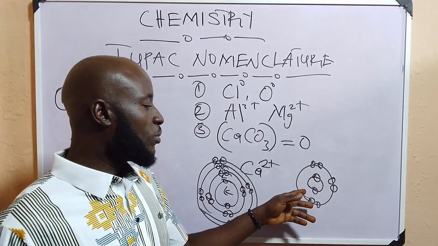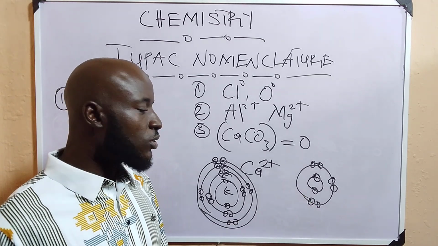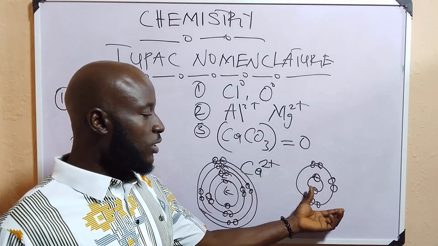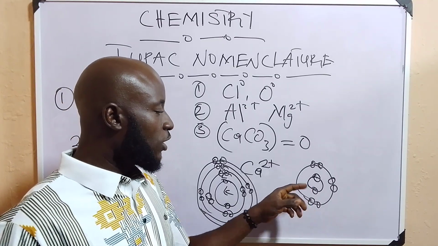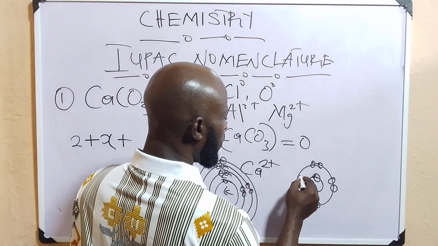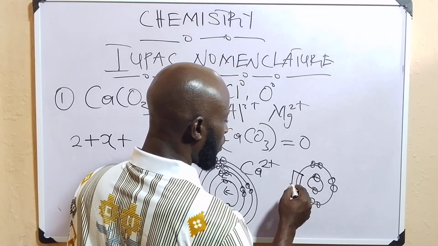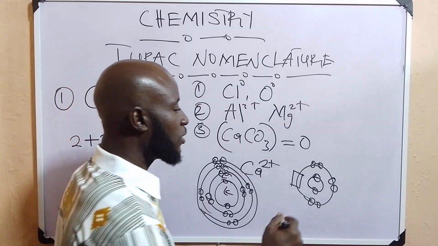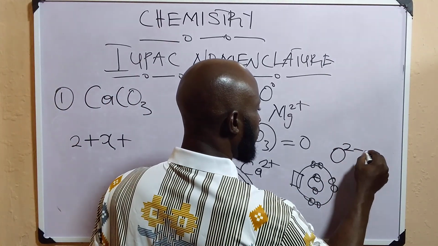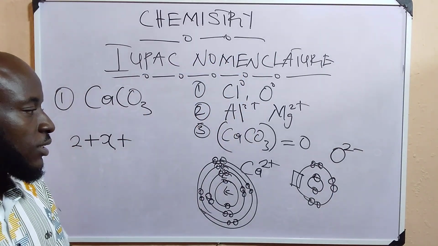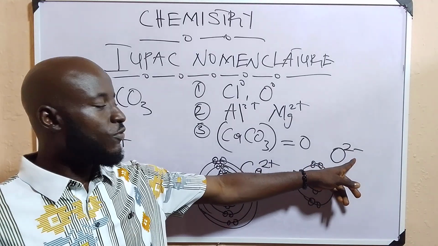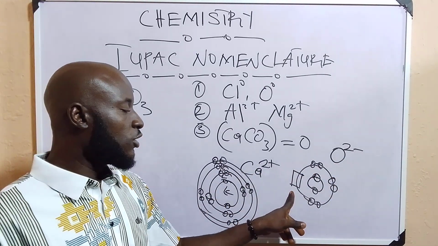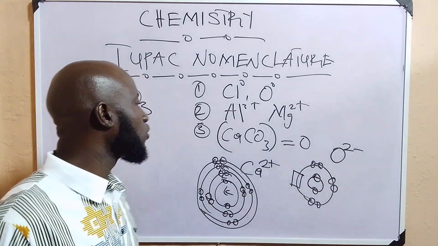But if you see oxygen is 8 in the periodic table, it means that after having filled the innermost shell, there are remaining two electrons needed to maintain an octet structure and complete it to 8. That's why you now see that oxygen is O2-. It means that oxygen needs 2 electrons to maintain an octet structure. So that is why it's O2-.